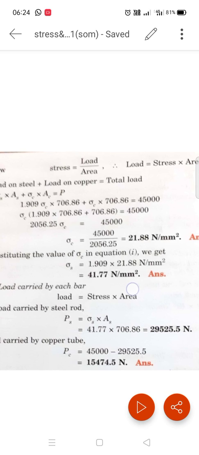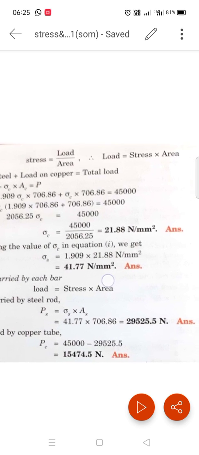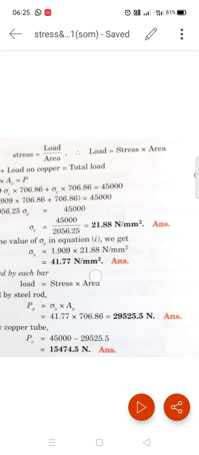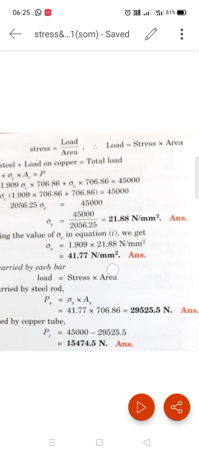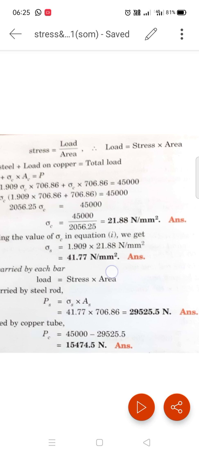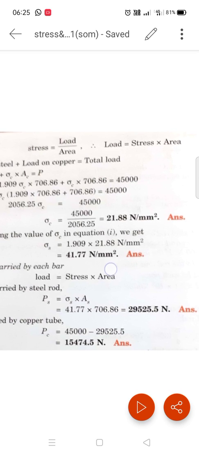Rho C is common, so we get 2056.25 rho C is equal to 45,000. Converting into division, rho C is 45,000 divided by 2056.25, using the scientific calculator, which is 21.88 Newton per mm square.